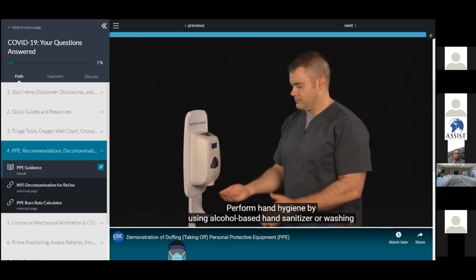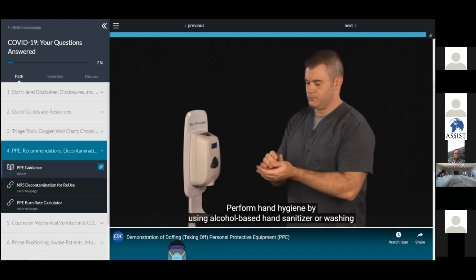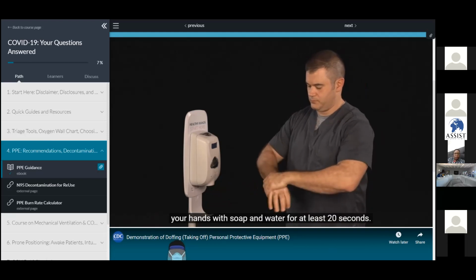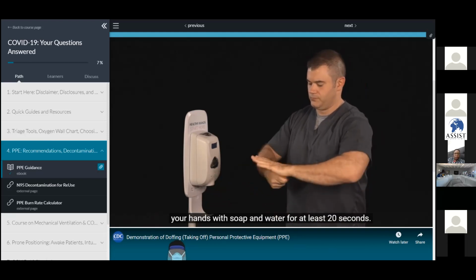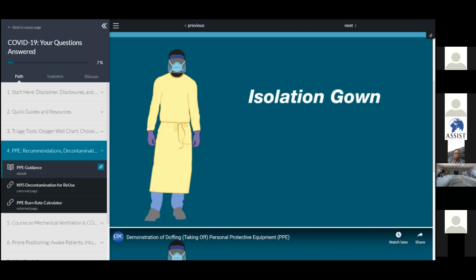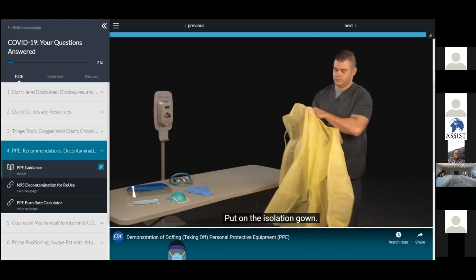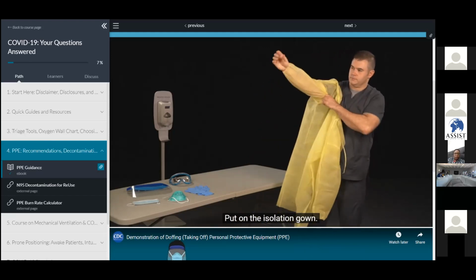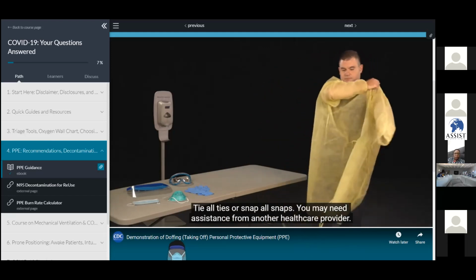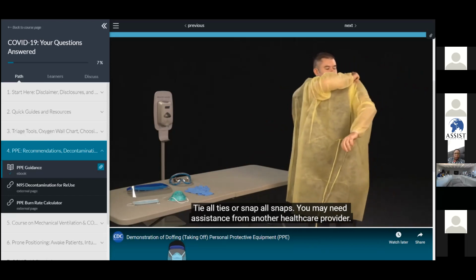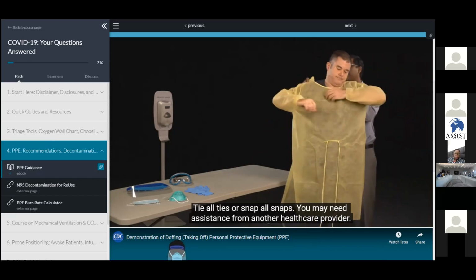Perform hand hygiene by using alcohol-based hand sanitizer or washing your hands with soap and water for at least 20 seconds. Put on the isolation gown. Tie all ties or snap all snaps. You may need assistance from another healthcare provider.